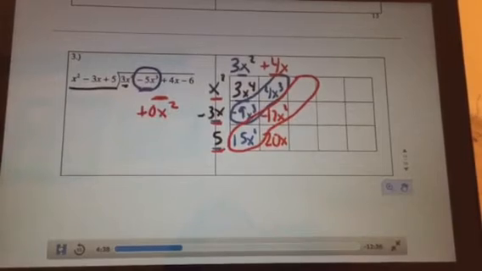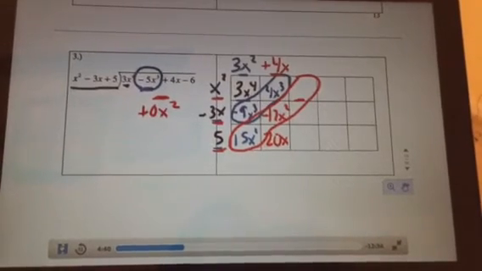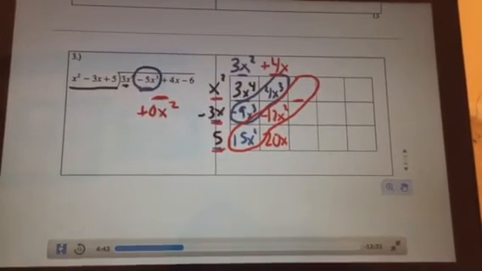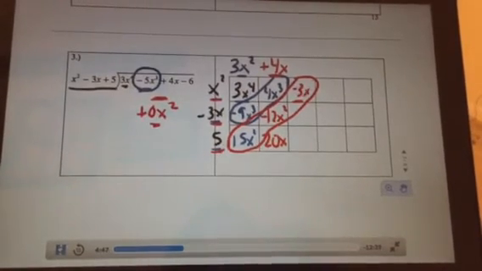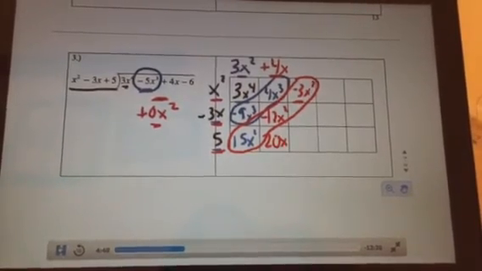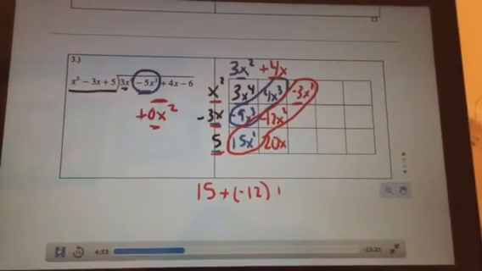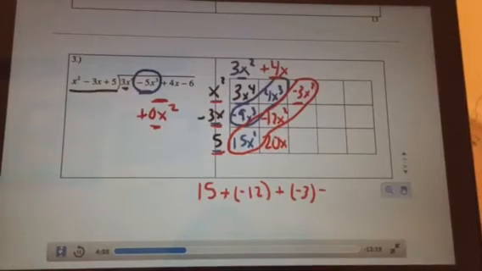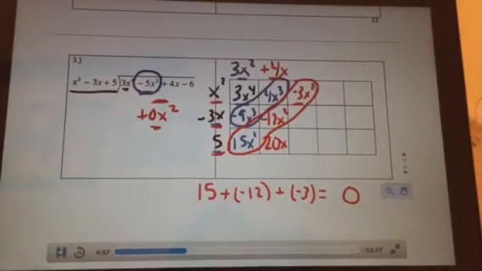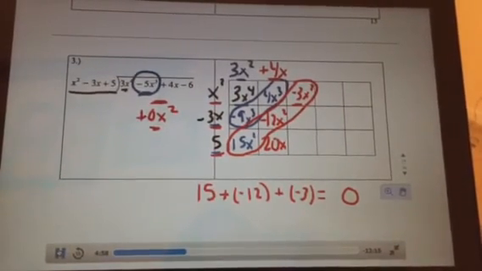So 15 take away 12 is 3. I need to think about what do I put here so that when I take that plus 3 I get 0. The answer is negative 3x squared. So that if I add all three of these, 15 plus negative 12 plus negative 3, you'll get 0. No x squareds.